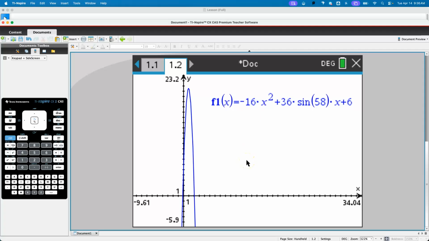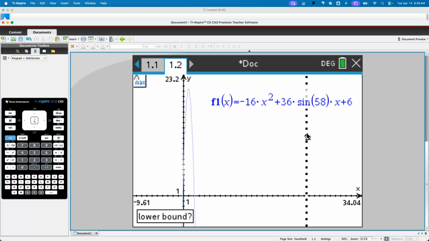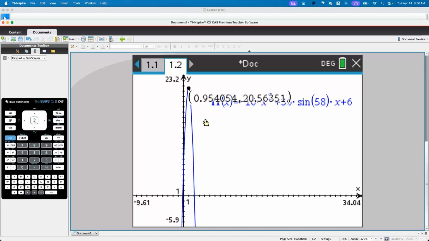So now on this particular graph, I can analyze it. The first thing I can analyze it for is the maximum. I can figure out that the maximum height of this Jordan Love football was 20.563 feet, and that happened at 0.954 seconds.